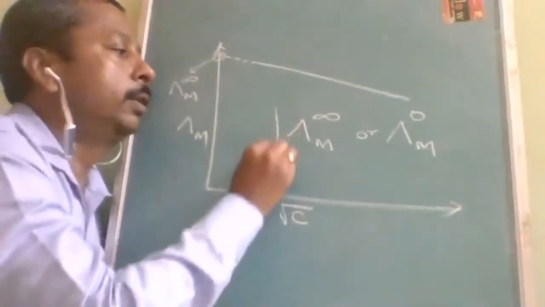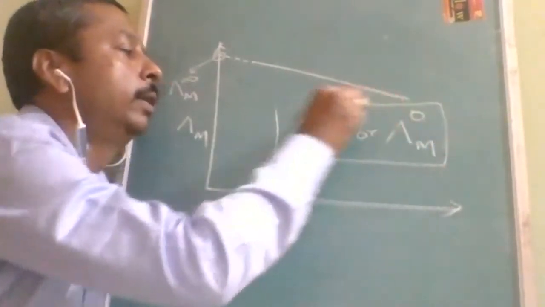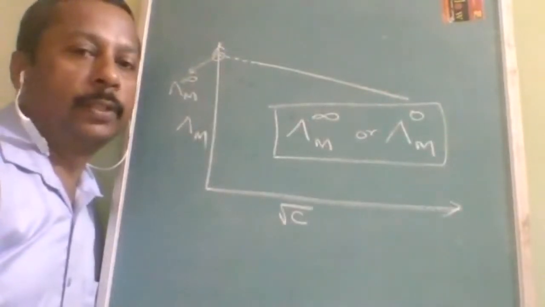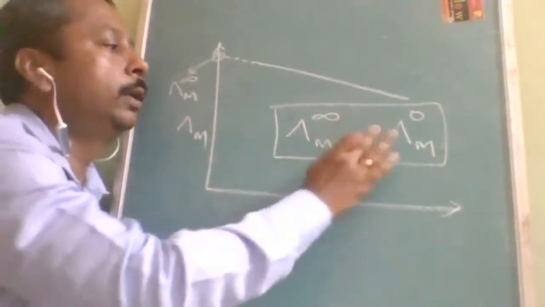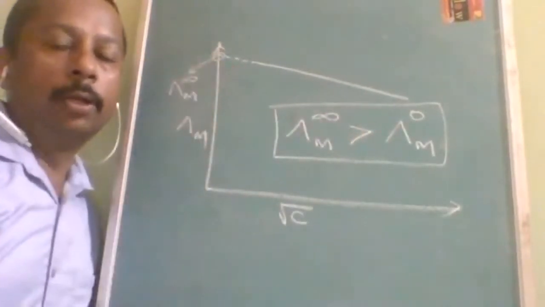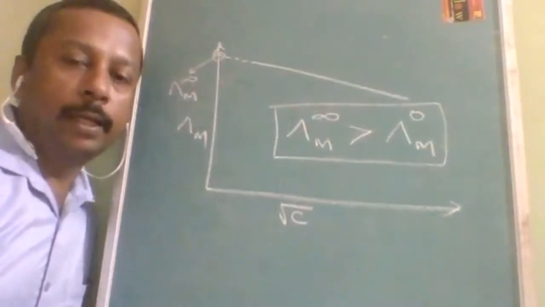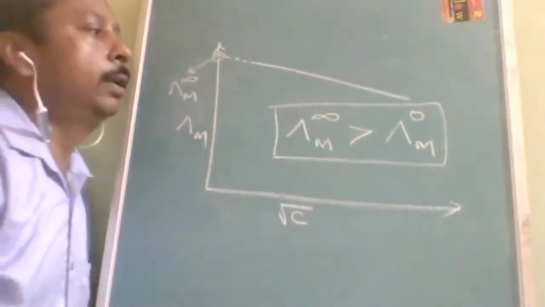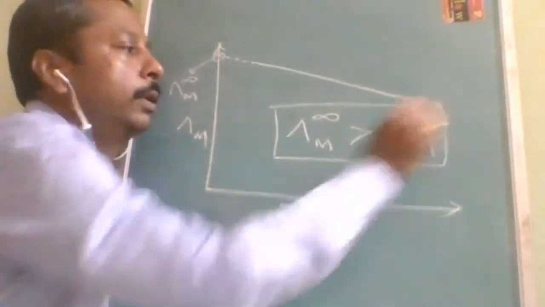So this is the molar conductivity with respect to concentration variation. Out of them, which is going to be high? The molar conductivity at infinite dilution is always the highest value. Here C means concentration. Suppose at a concentration of 0.1 molarity, this value is the molar conductivity. Molar conductivity at infinite dilution is always greater than molar conductivity at any other concentration.